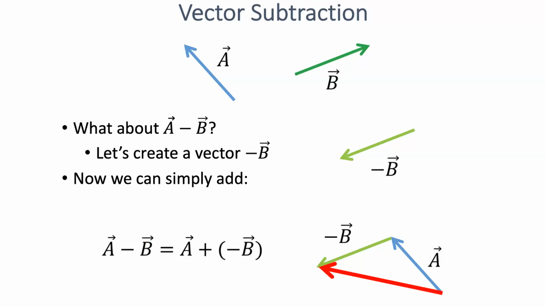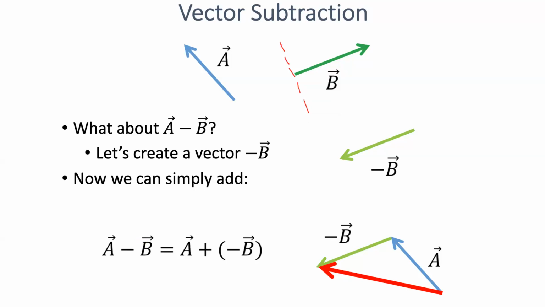So how do we create a negative vector? Essentially, it's kind of like a reflection. If I take vector B here and draw a dotted line, we want the same magnitude but the opposite direction.